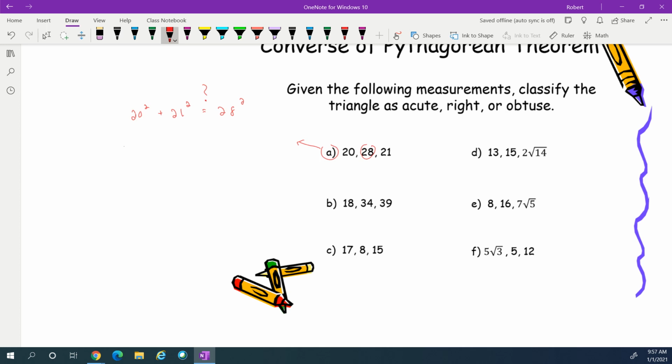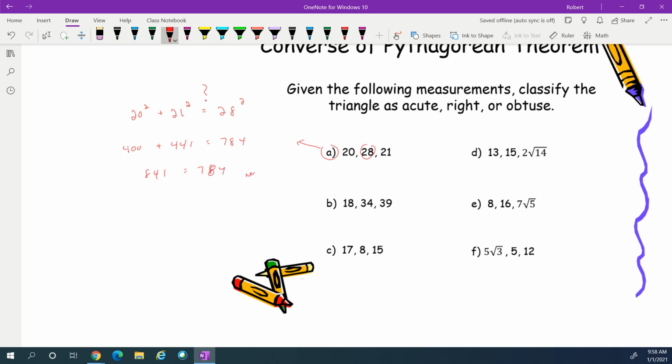20 squared, we have 400. For 21 squared, 441. 28 squared is 784. Let's add them up. We get 841, 784.